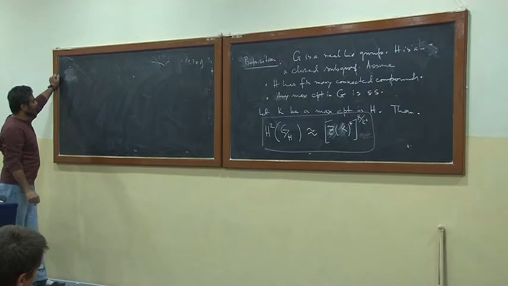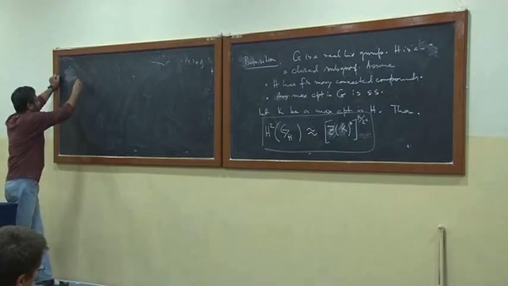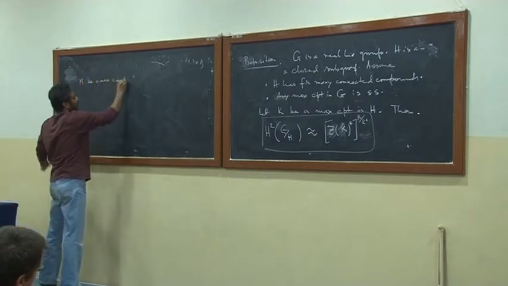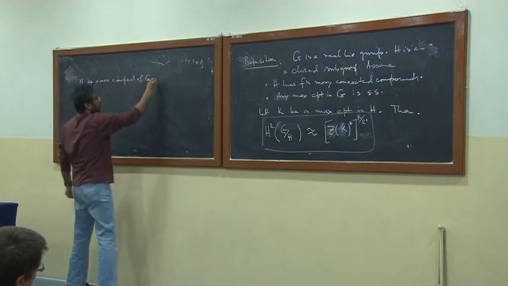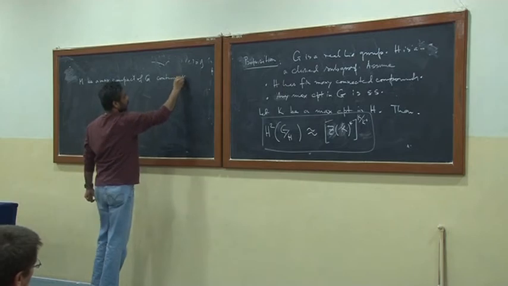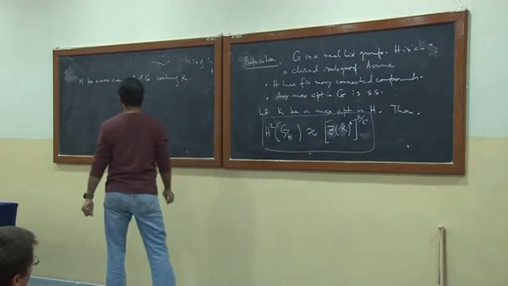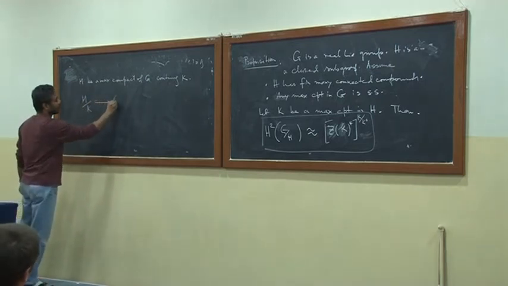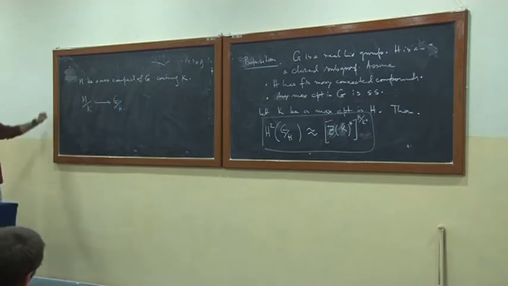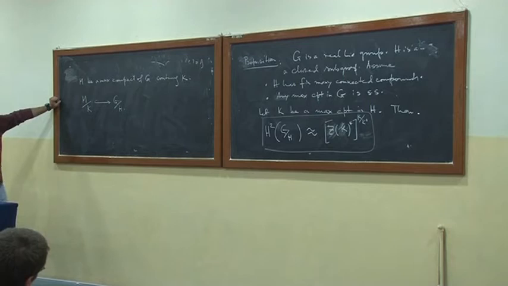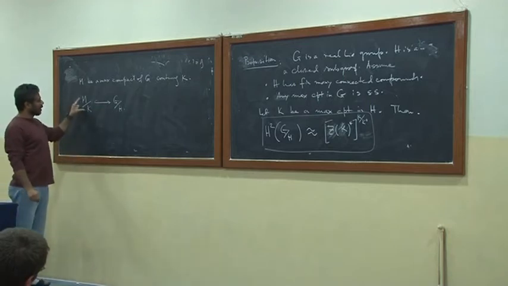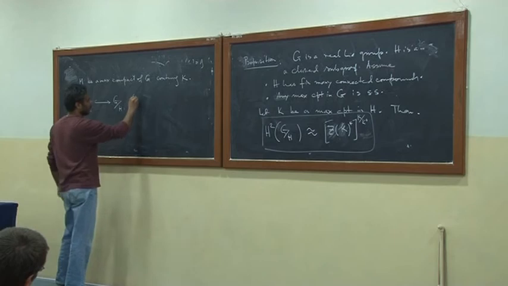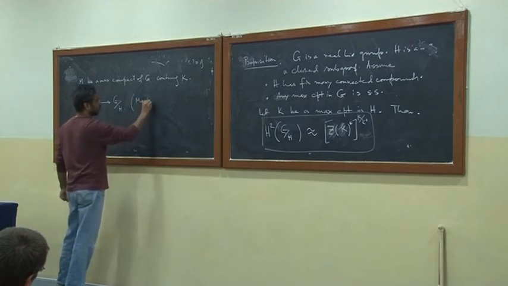Let M be a maximal compact of G containing K, where K is the maximal compact in the smaller group H. Then I have this map M/K to G mod H. The property of this is that M/K is going to be a deformation retract of G mod H. This is a result of Mostow.